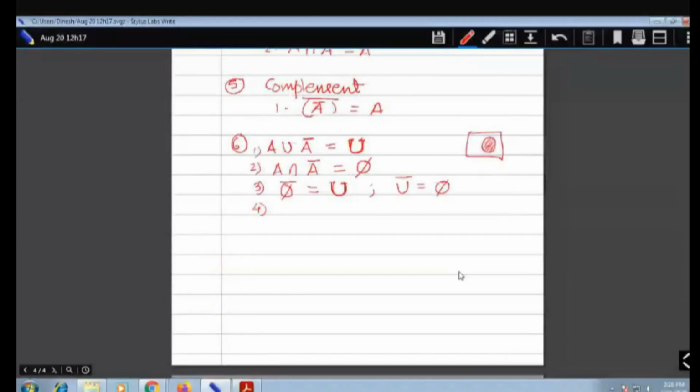And then what about De Morgan's law? You may have studied this in 11th, 12th. What is De Morgan's law? The complement of A union B is nothing but A complement intersection B complement.